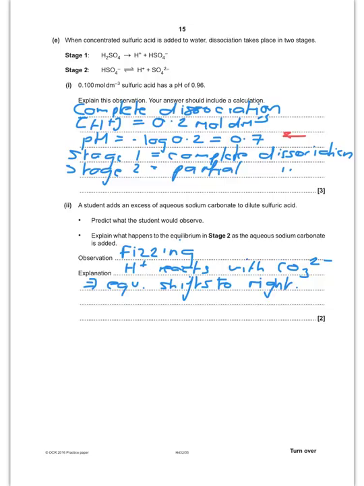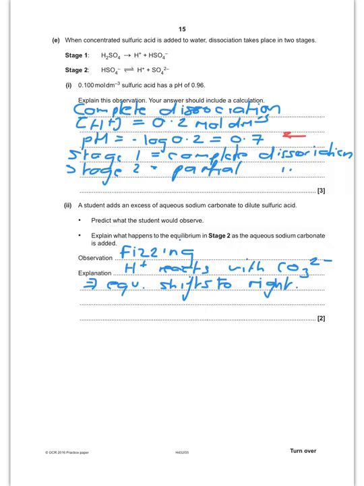And therefore, which 0.7 is obviously lower than the 0.96 that it actually is. So it means that sulfuric acid has a higher pH than we would expect it to have if it was completely dissociated. And therefore, stage 1 you have complete dissociation, but stage 2 is partial dissociation.